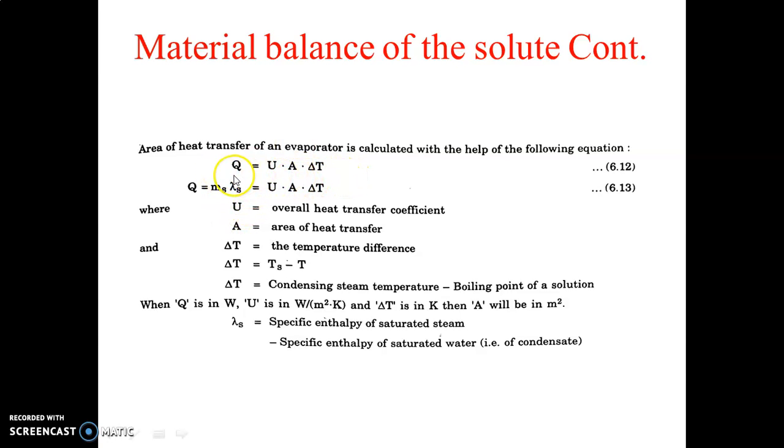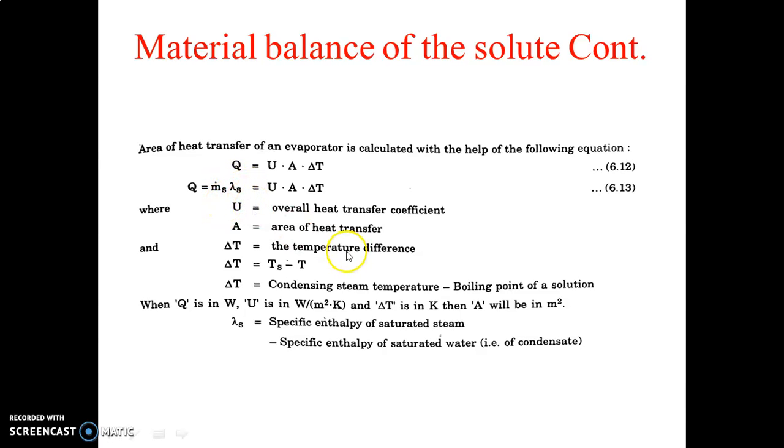So we have already seen this equation, Q is equal to UA delta T. So how is Q calculated? We have already discussed that Q is equal to m dot s lambda s. M dot s multiplied by lambda s means steam feed rate multiplied by latent heat of condensation of steam.